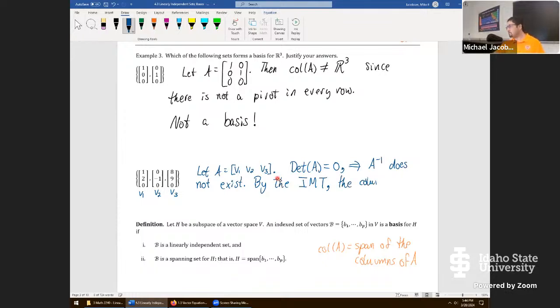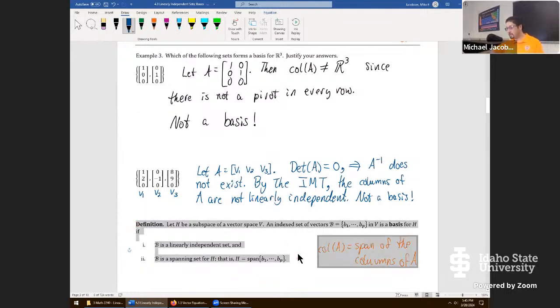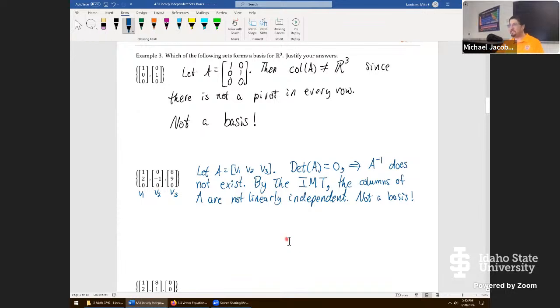The columns of A are not linearly independent. So our work is done on this one, but again, don't forget the conclusion. We have to say not a basis. So that's two down, both of them not bases this time. I think most of these aren't bases, but it's not always clear why that's the case. Except if you look at this one, what would you all say is obviously wrong about that set?